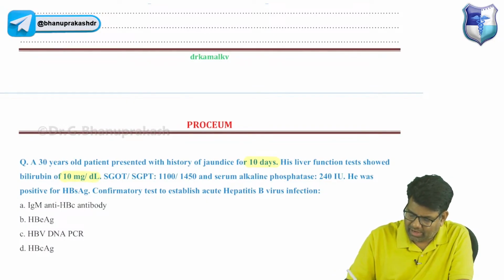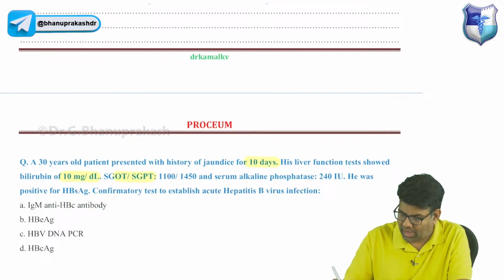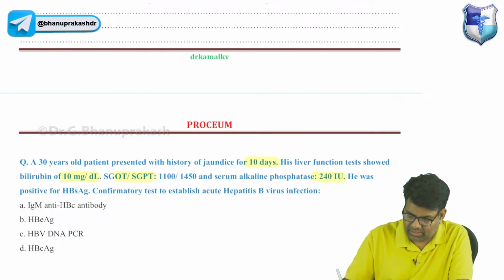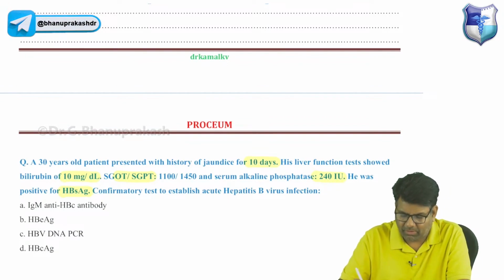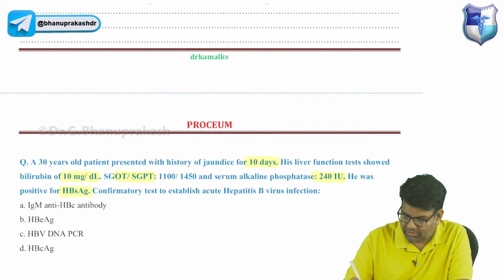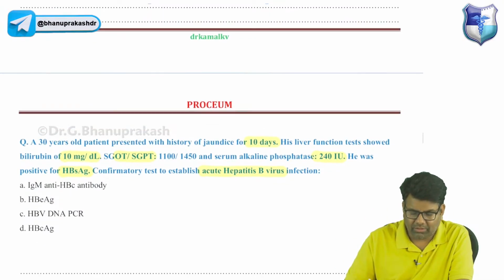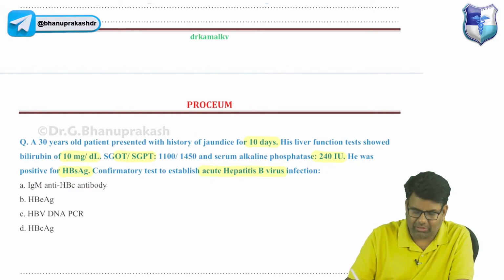Next question. There is a history of jaundice for 10 days. Bilirubin levels are high, SGOT, SGPT are high, alkaline phosphatase is high, and the patient is positive for surface antigen. If you want to make a diagnosis of acute hepatitis B infection, what other thing should you check in the patient?